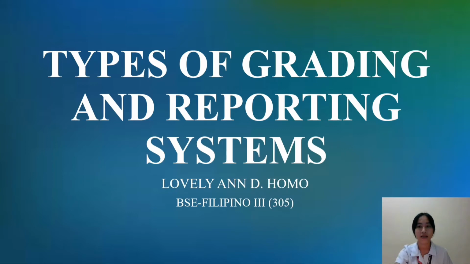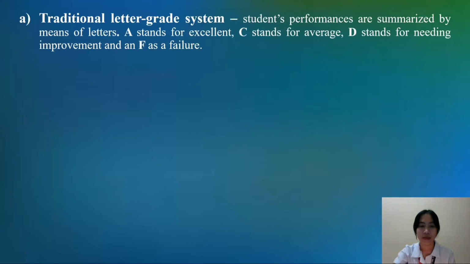First is the traditional letter grade system. In the traditional letter grade system, students' performance is summarized by means of letters. A stands for excellent, C stands for average, D stands for needing improvement, and then F as a failure.